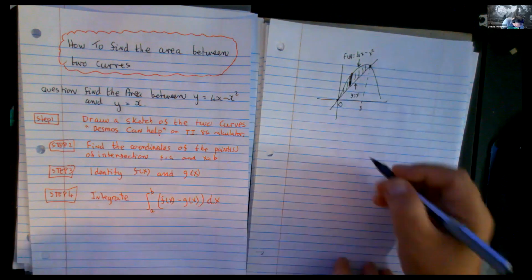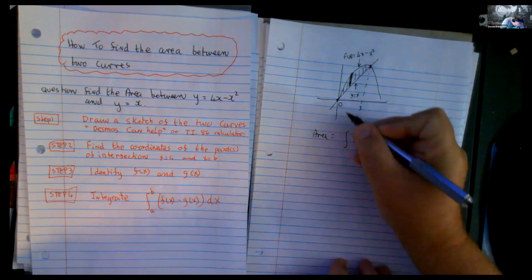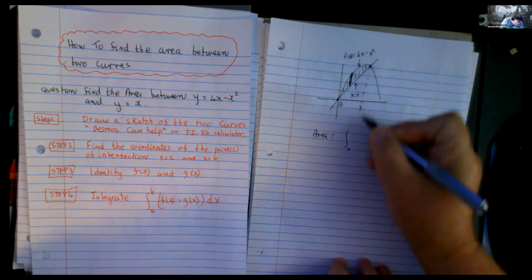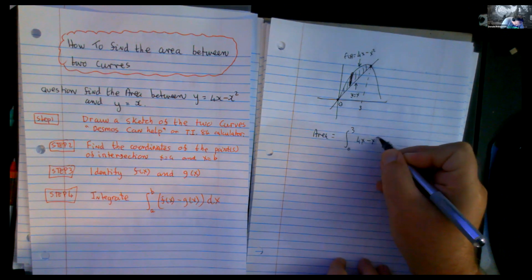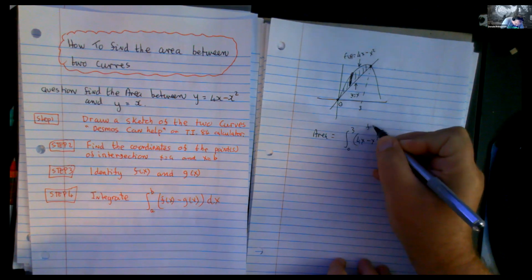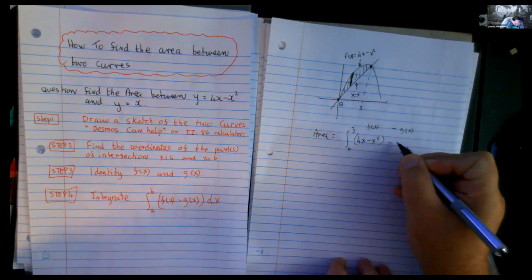So the area between these two curves is going to be the integral from 0 to 3 of f of x, which is that guy, take away g of x, which is that guy.